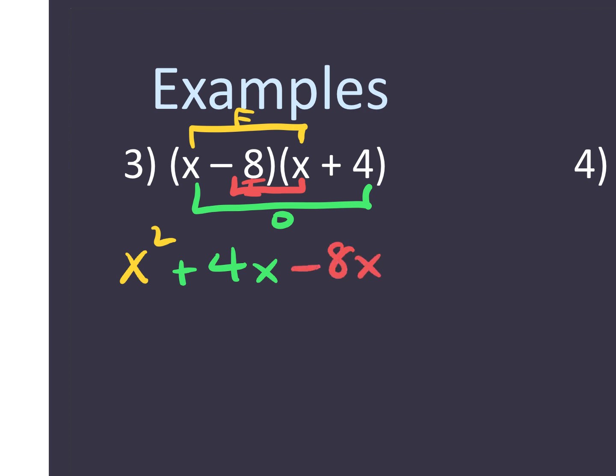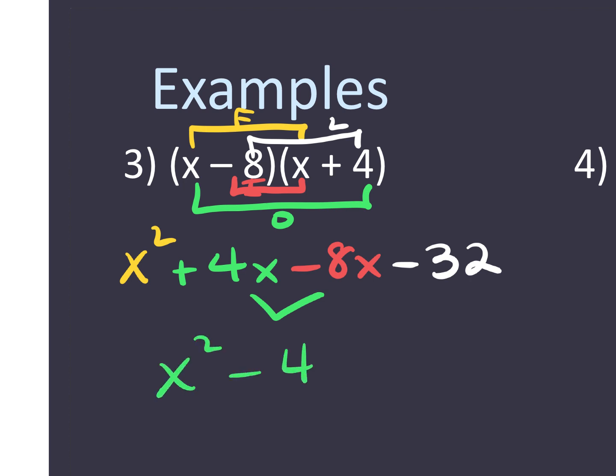And then finally last will be the negative 8 times the 4, and that'll give me negative 32. You'll always be able to combine the two middle, the inner and the outer, and this gives you x squared minus 4x minus 32. Just take your time, watch your signs.